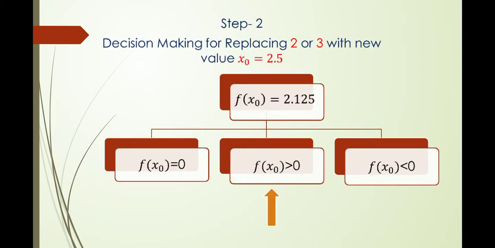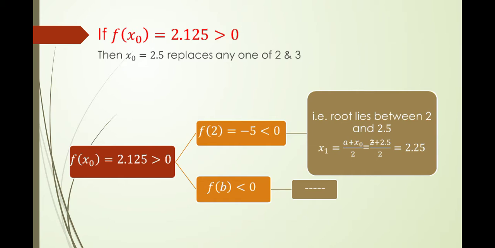Our second step is decision making for replacing 2 or 3 with the new value. x0 is equal to 2.5. We know f of x0 is equal to 2.125, which is a positive value. So f of x0 is greater than 0, then x0, 2.5, replaces one of 2 and 3.